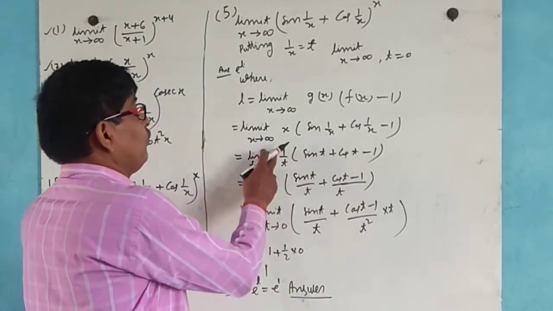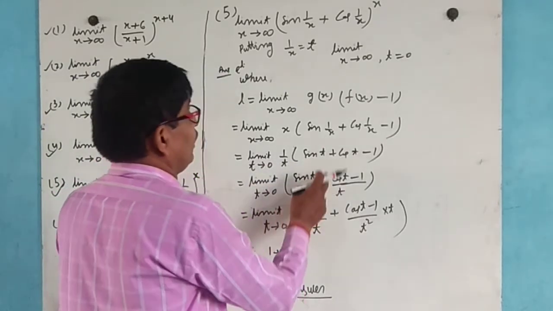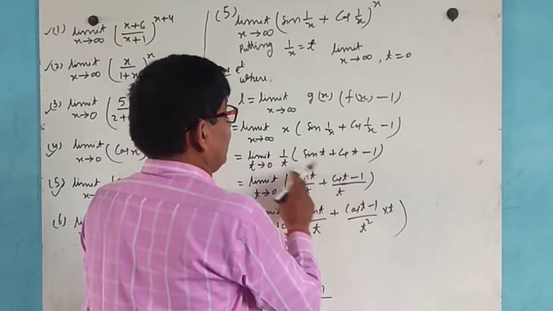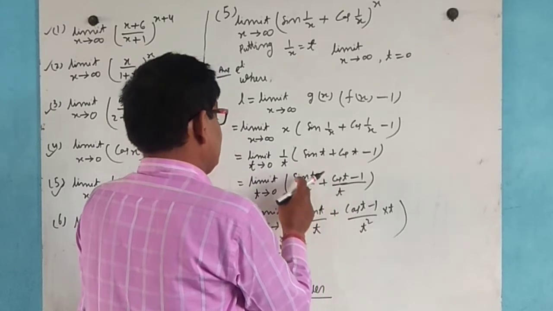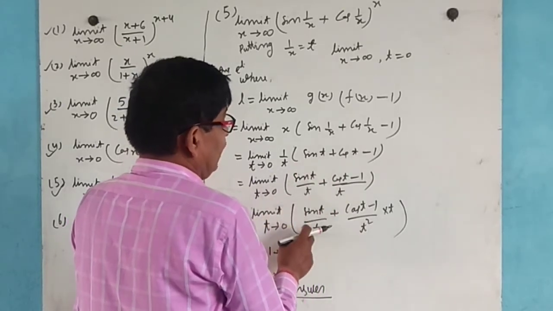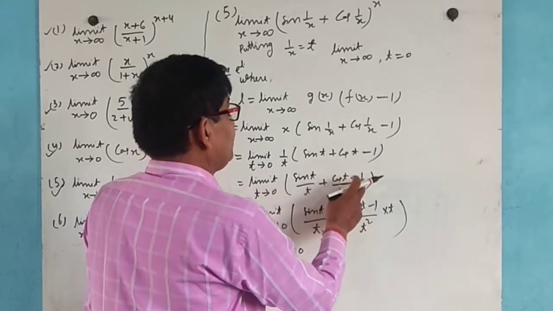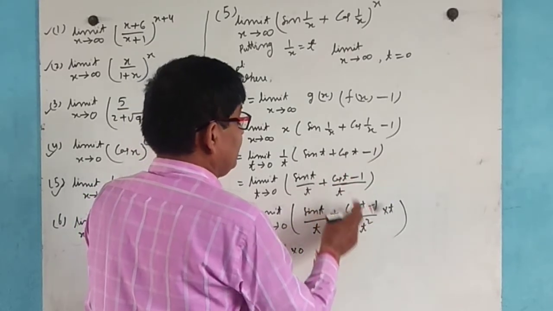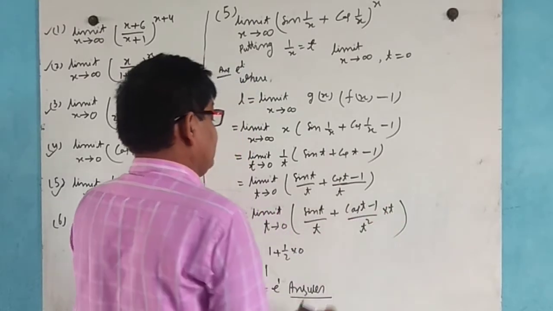Now 1 by t, sin t by t plus cos t minus 1 by t. Now limit t tends to 0 of sin t by t plus cos t minus 1 by t square, and multiply t.